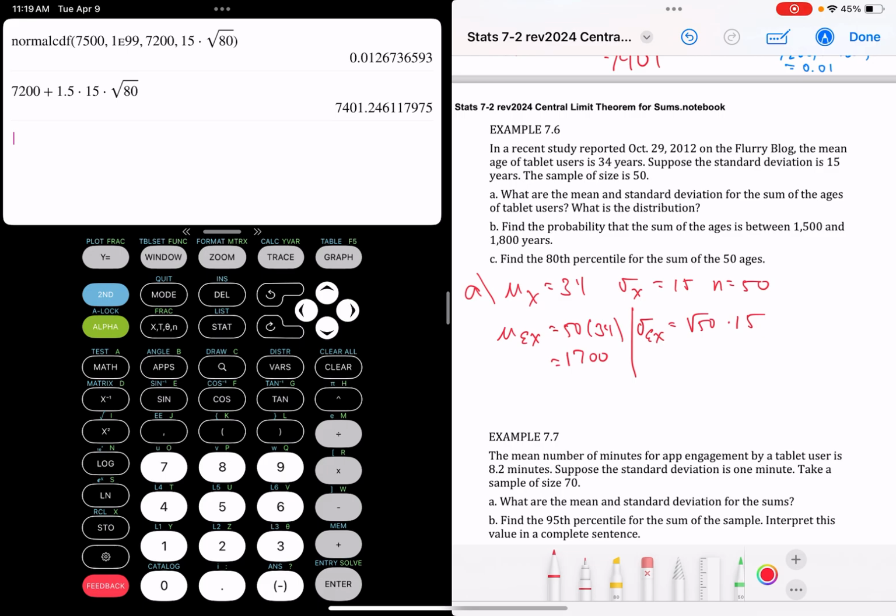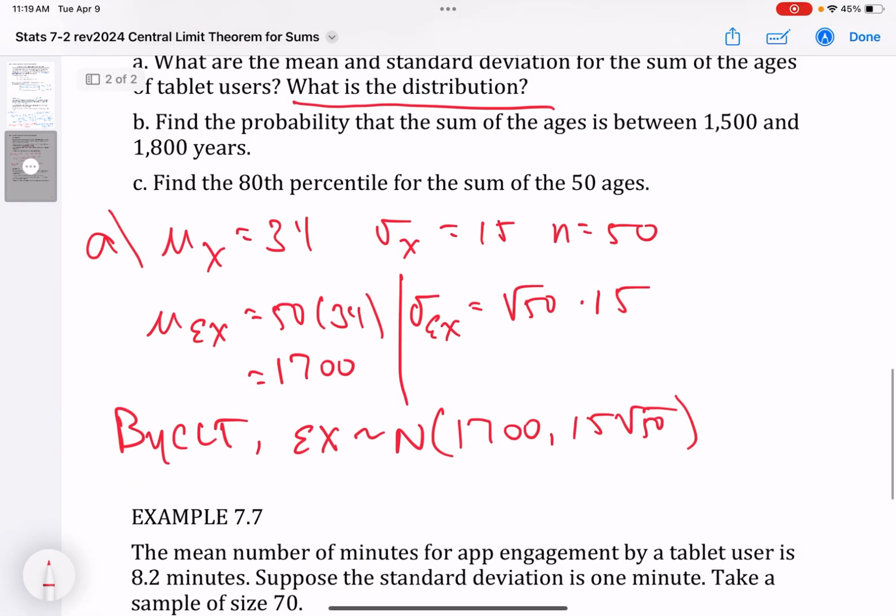And what is our distribution? That's the question that's asked in here. So by the central limit theorem, the sum of these x's will become normally distributed, and we will have our parameters of 1,700 and then 15 square root 50. That will end up being our value as far as what we have in that case.